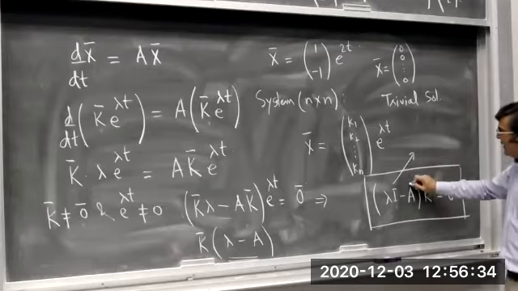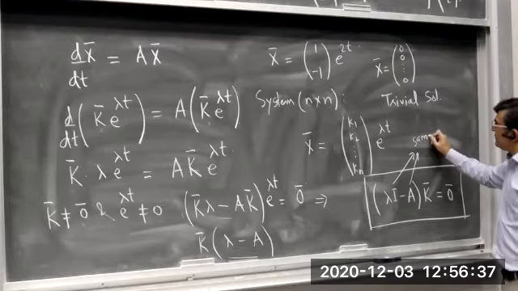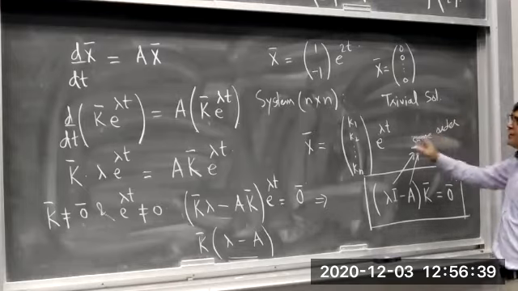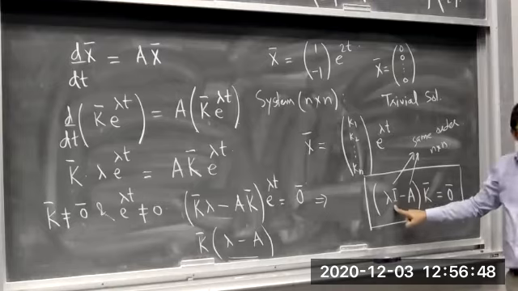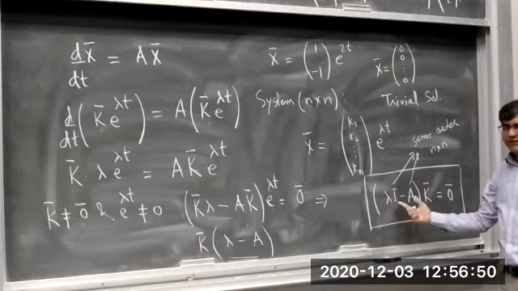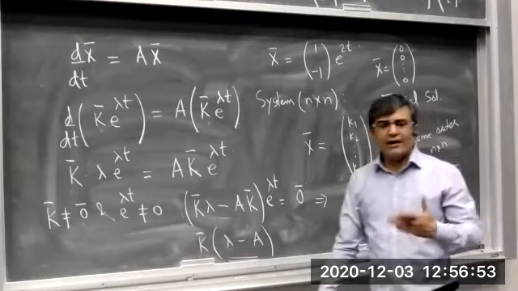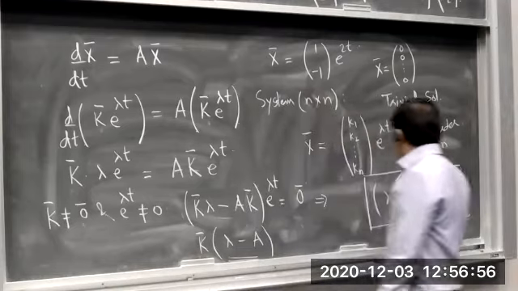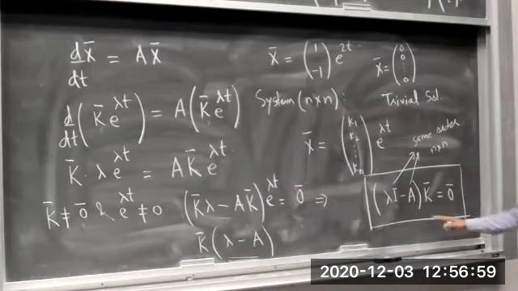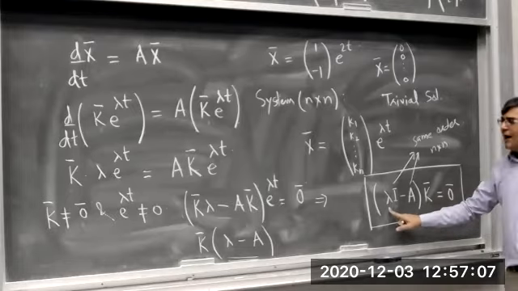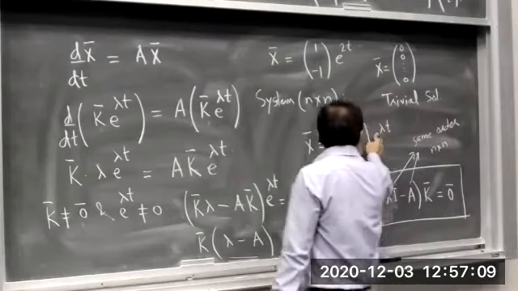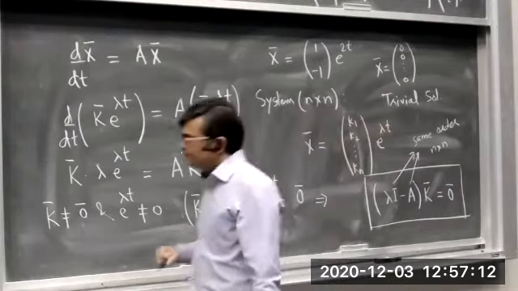The order of A and I must be the same. What is the order of A here? Because this is an n by n system, A is n by n, so I must also be n by n. Both should be square matrices, and I is the identity matrix. I hope you know what an identity matrix is. So now we obtain this equation, which helps us find the unknown vector k and lambda, which is in the exponential power.